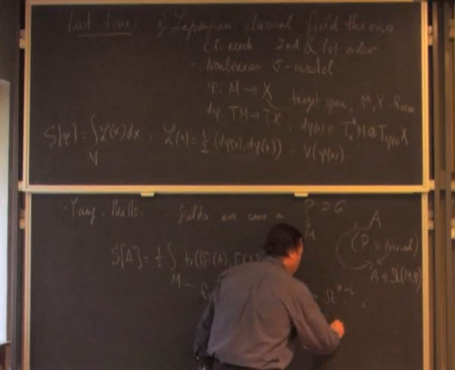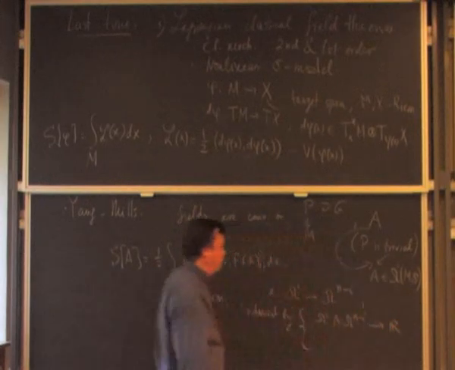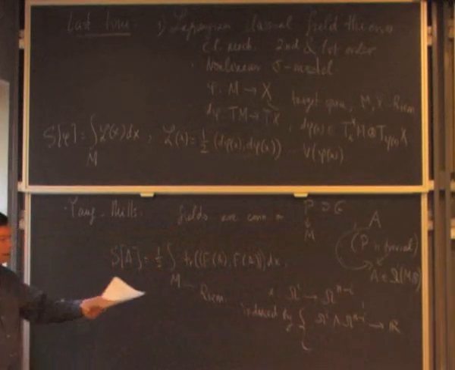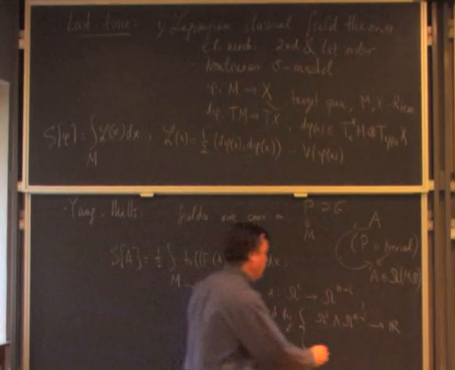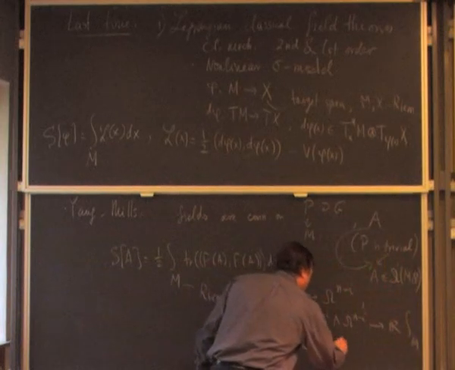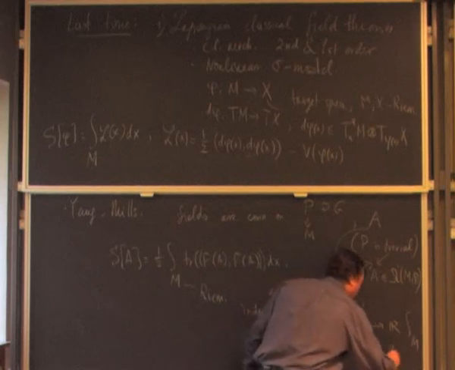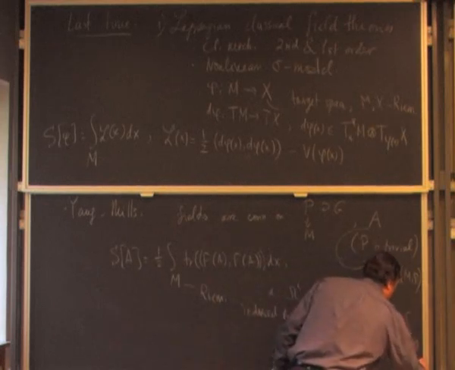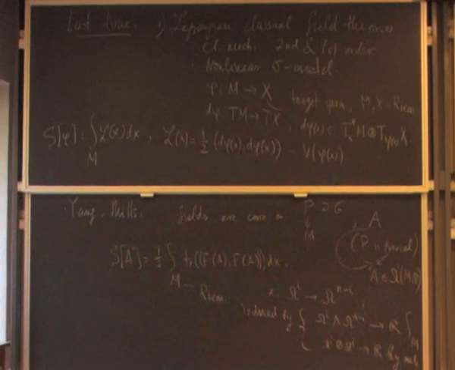First, the natural pairing between i and n minus i forms, simply the integration over M. And second, the natural pairing on i forms given by the metric.